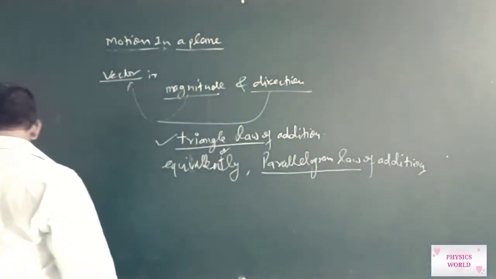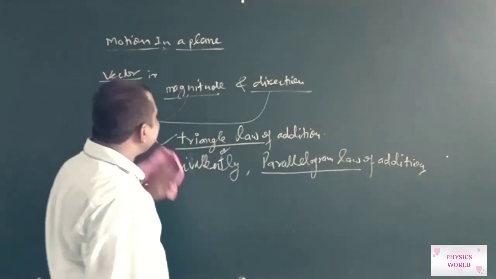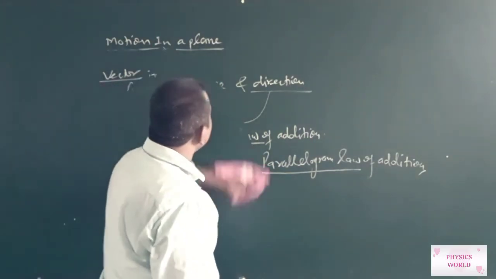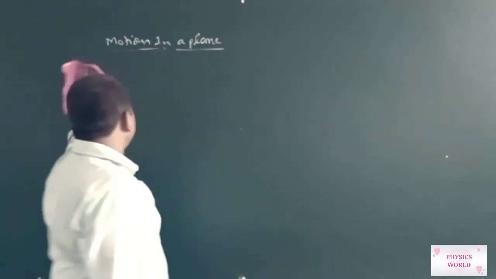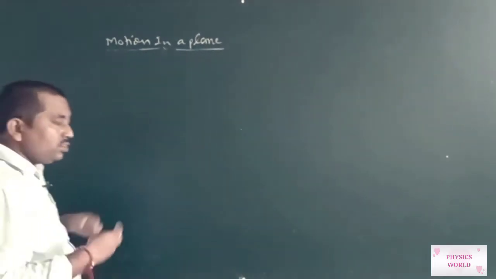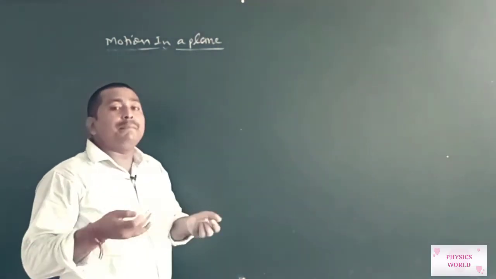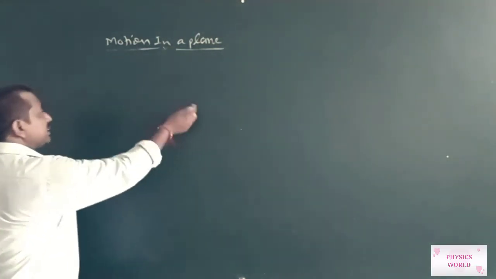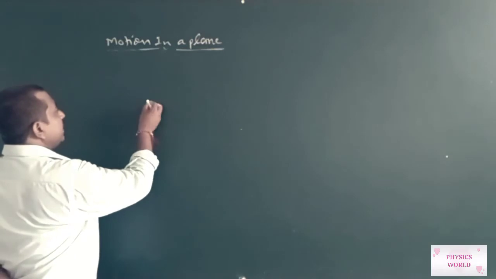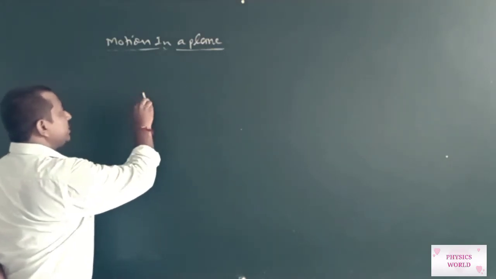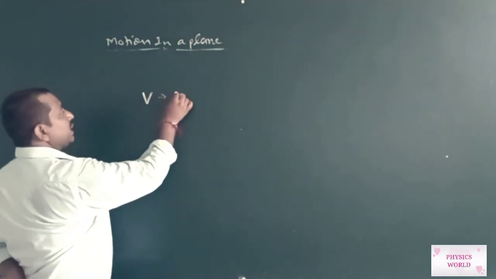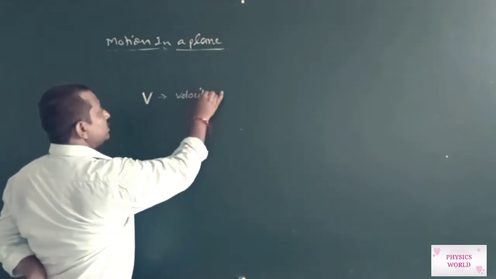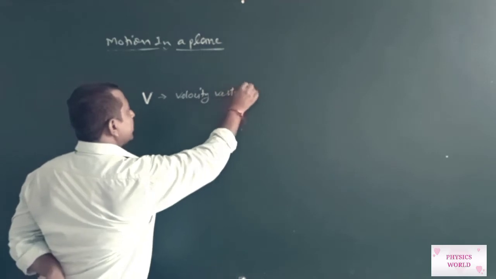So let us see what the triangle law of addition and the parallelogram law of addition are. Before knowing this, we have to know more about how a vector can be represented. A vector quantity can be represented by a bold letter. If there is a bold letter V written here, then this can be expressed as the velocity vector.